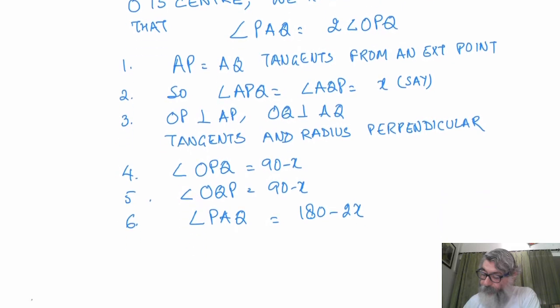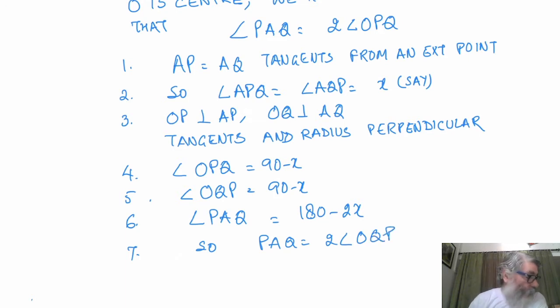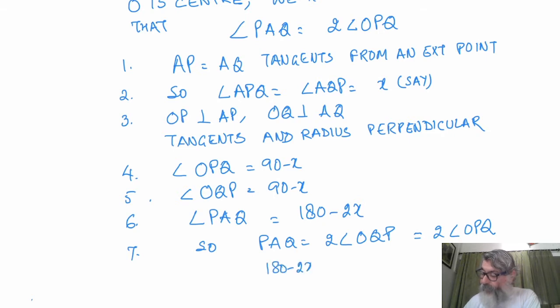So PAQ is double of OPQ. PAQ is 180 minus 2x, and 2 into 90 minus x is also 180 minus 2x. That is why this statement holds.